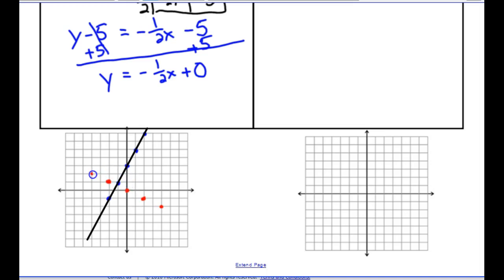So if we were to graph this one, we would have two perpendicular lines because they cross and make right angles. They cross and make right angles, so they are perpendicular.